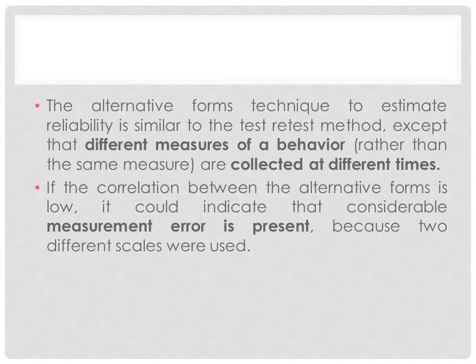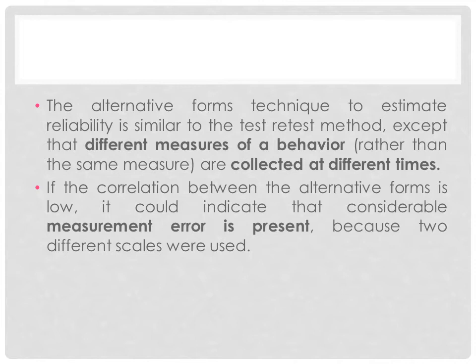If the correlation between the alternative forms is low, it could indicate that considerable measurement error is present because two different scales were used. Just like the test-retest method, wherein you get the scores of time 1, for example January, and time 2, for example July, and then correlate them.